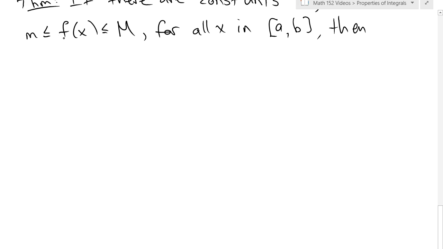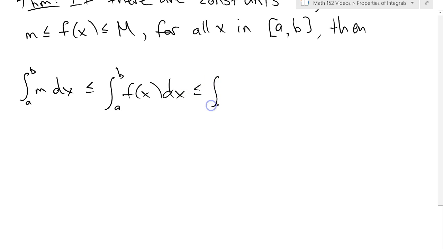Little m is smaller than f, so the integral of little m is smaller than the integral of f. So the integral from a to b of m dx is less than or equal to the integral from a to b of f of x dx, which is less than or equal to the integral from a to b of big M dx. But nobody really wants to integrate those, right? We already know what they are.